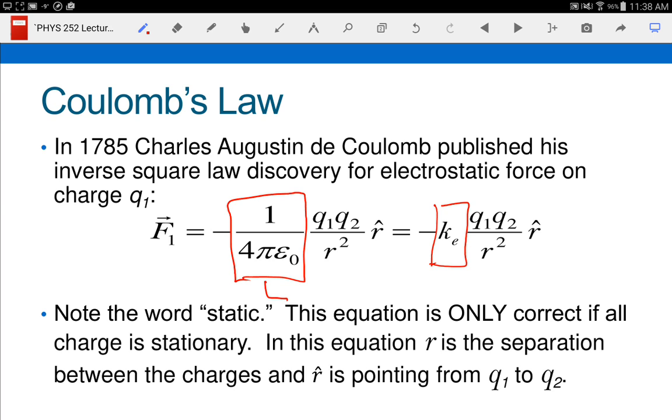This here is like bona fide constants. This here is what Coulomb found, right? Because Coulomb just found a constant that related the product of the charges and the separation squared. And then it's through a lot of theory that we find that these two are the same thing.